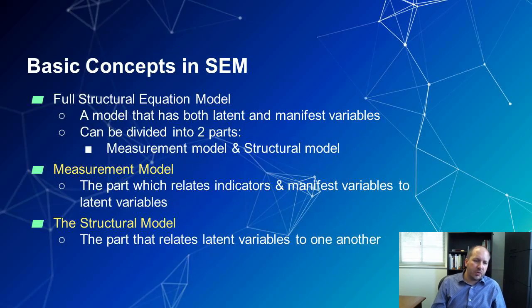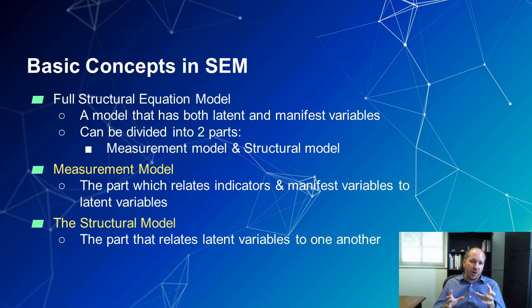So you'll also hear us use the term measurement model and structural model. A full structural equation model has both latent and manifest variables in it. If it does not have any latent variables in it, it is simply called a path analysis, where it has only manifest variables. So a full structural equation model has a measurement and a structural part.